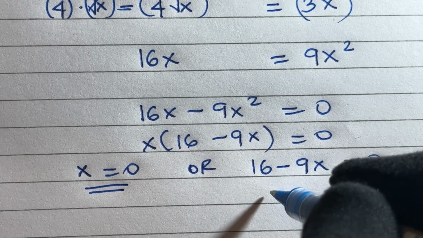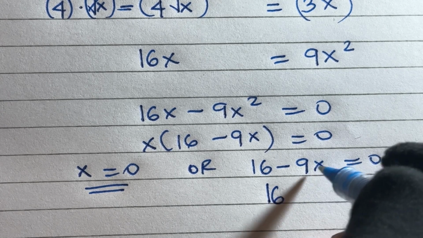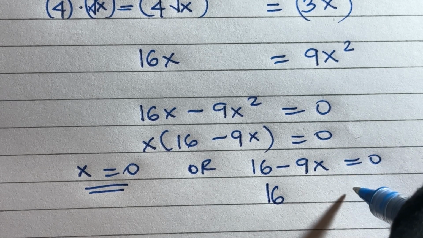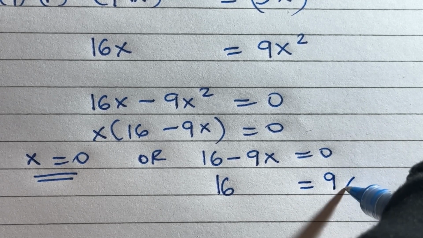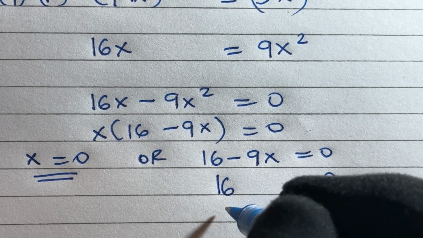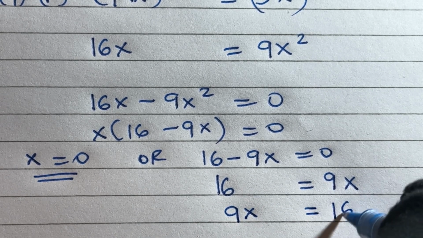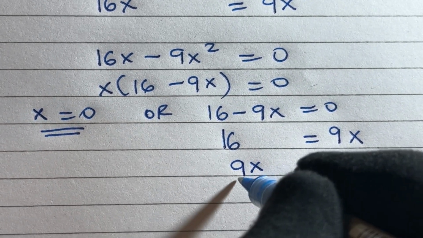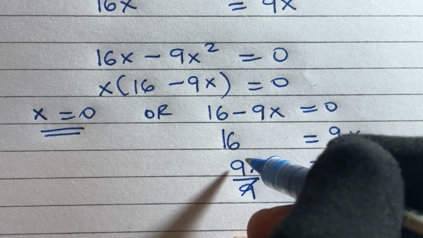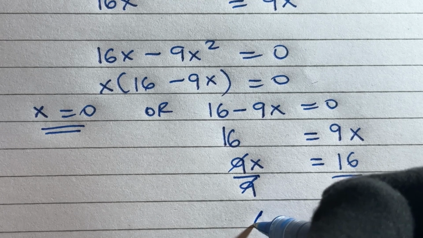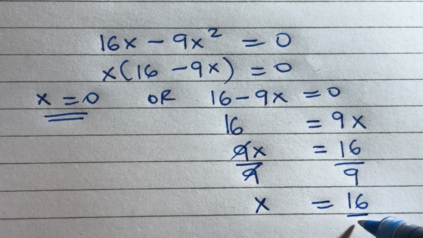So for the second one here, we have 16, taking negative 9x to the other side, equal to 9x, which can also be written as 9x is equal to 16. Of course, to solve for x here, I'll just divide through by 9, which means that x is equal to 16 over 9.